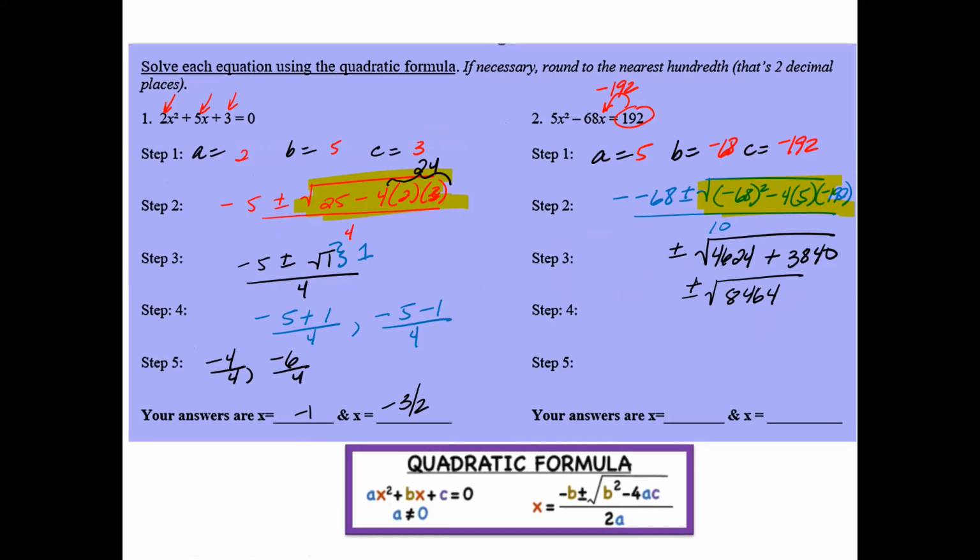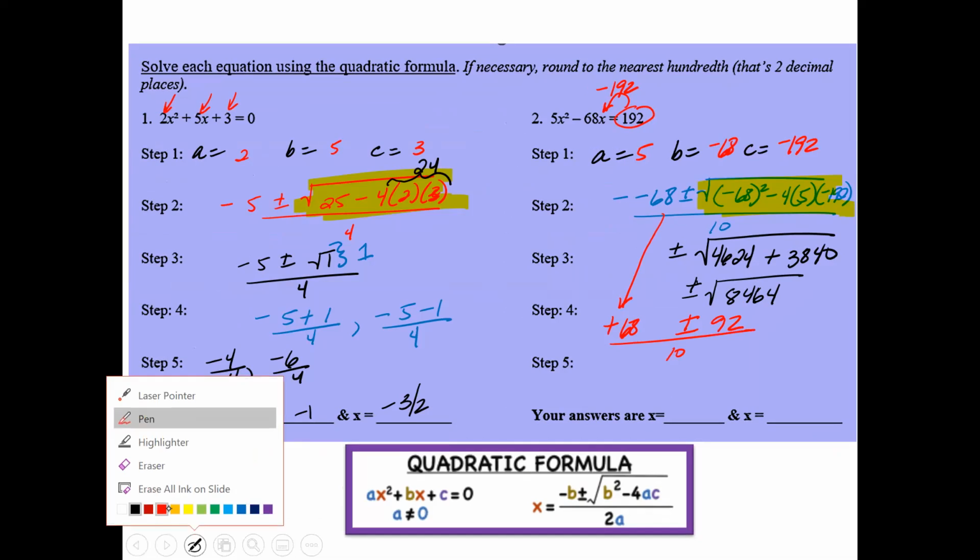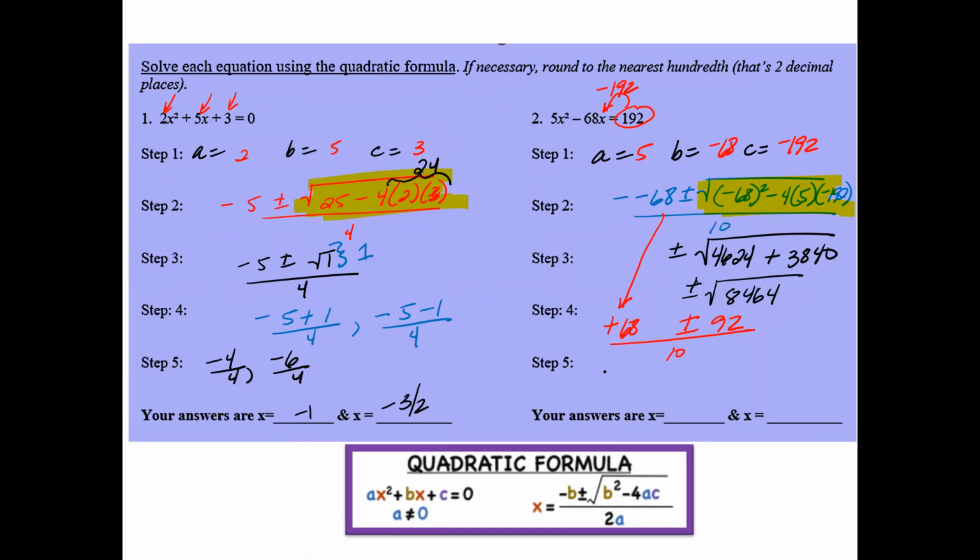Now we're going to type in 8464, which is going to give you a 92. Make sure you bring down the 68 and it's a positive because double negative makes it a positive. Divided by 10. So your first answer is 68 plus 92 divided by 10.